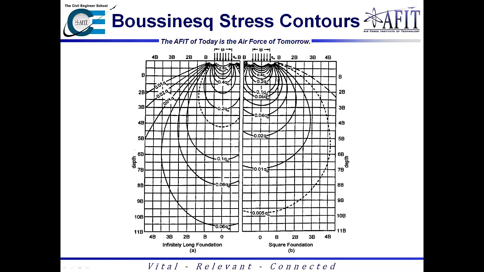And so I'd multiply 0.1 times, say it was 1,000 PSF, and I'd wind up with 100 PSF increase right below the center at this point. If you want to do the corner, or say I want to find a value 2B away from there, I would come down here to 2B away and 2B down, and it would be 0.2.